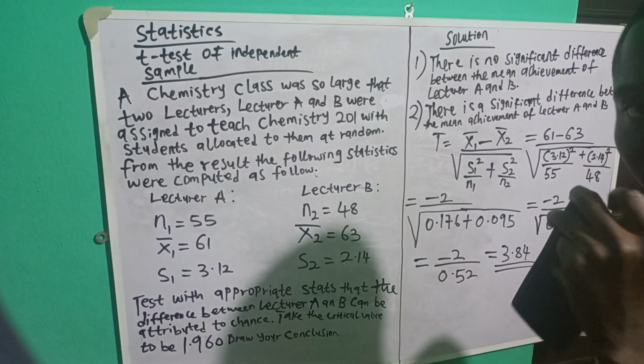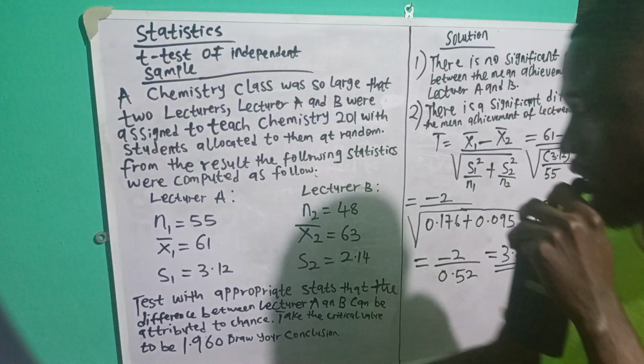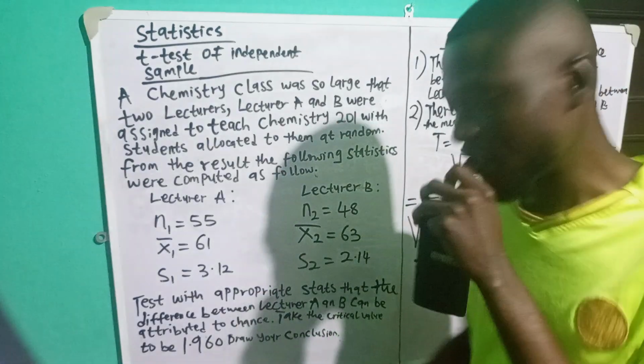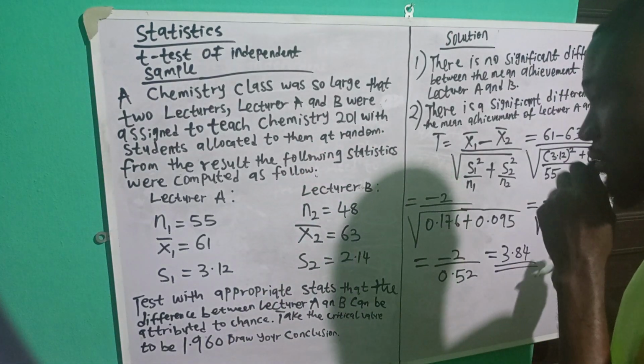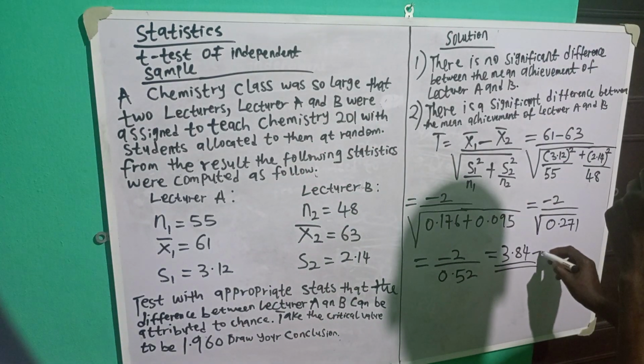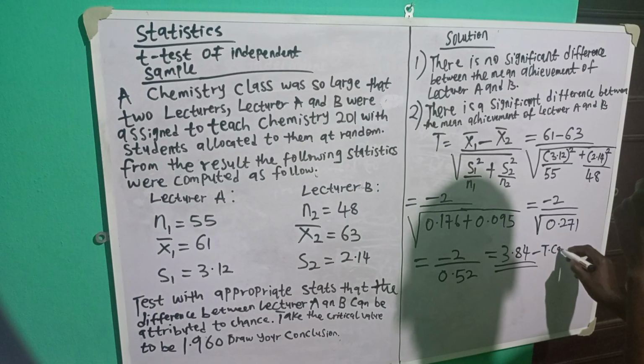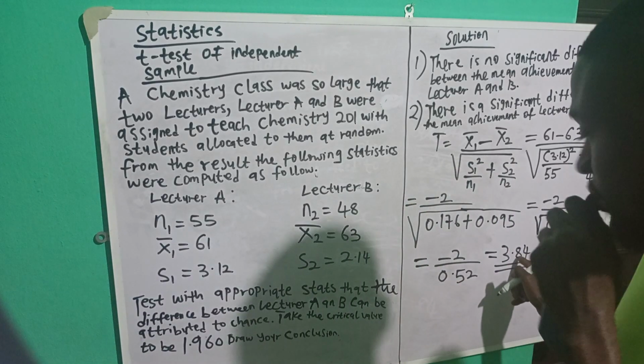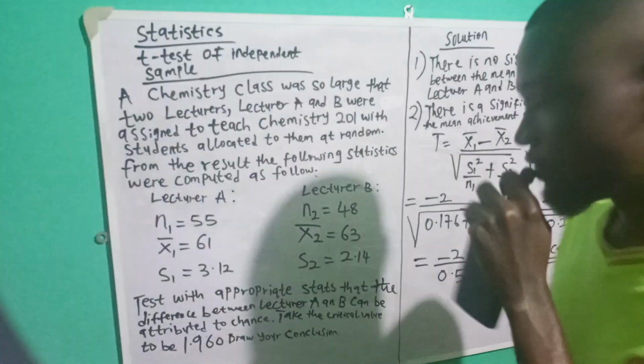So our answer is 3.84, and they say we should take our critical value to be 1.96. Now you can see that the calculated value, this is the t calculated, which is 3.84, is greater than the critical value.